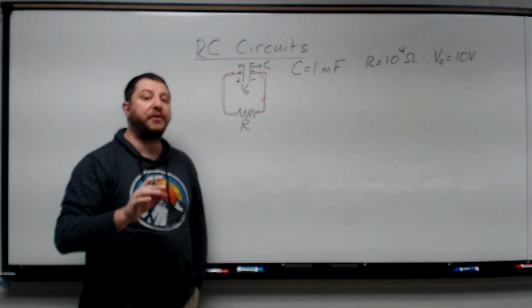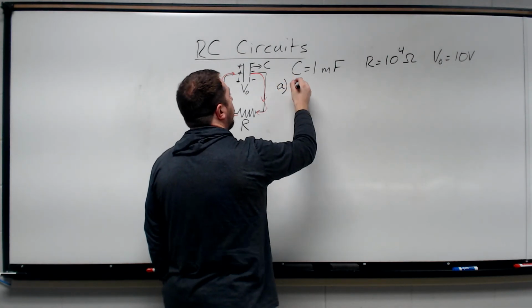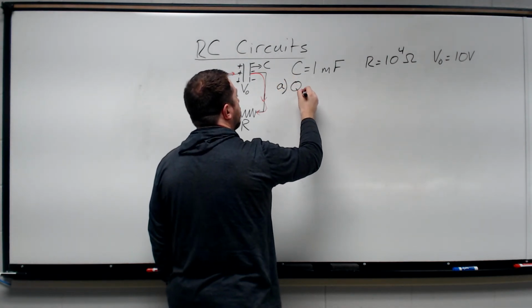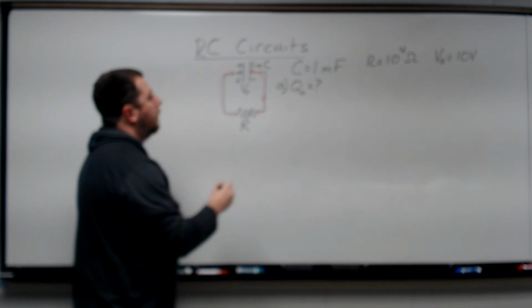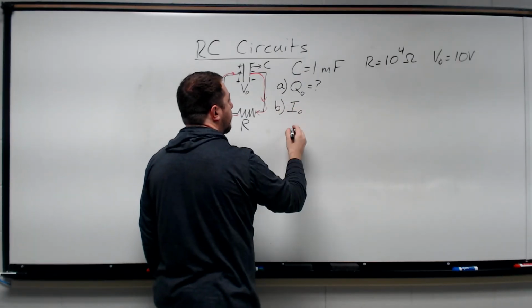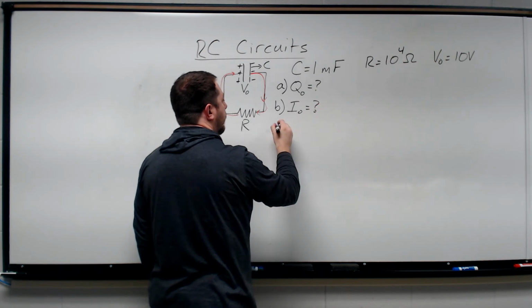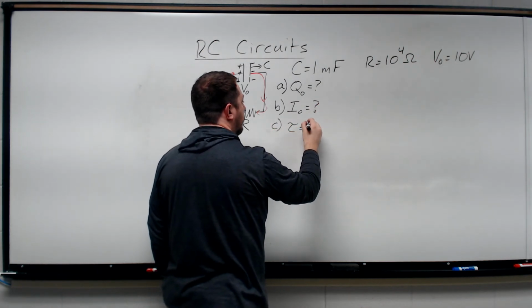So here are my questions, okay? A, what is the total charge on the capacitor when it's initially charged? What is Q naught? B, what is the maximum current in the circuit? C, what is the time constant in the circuit?